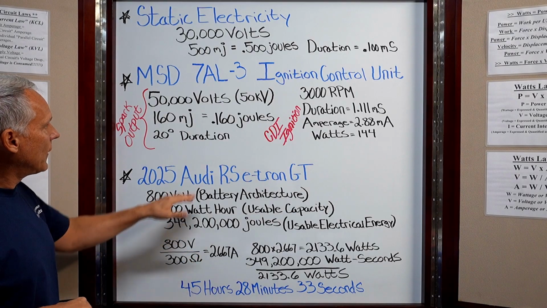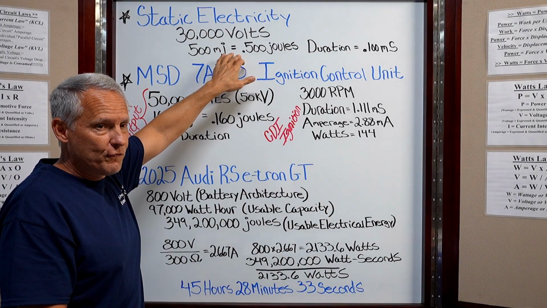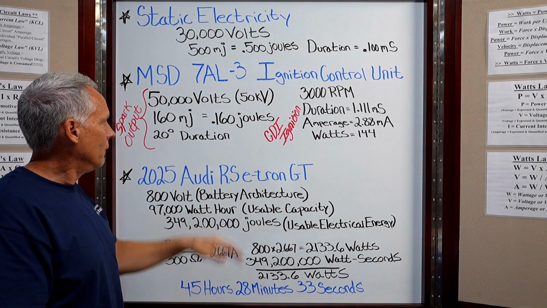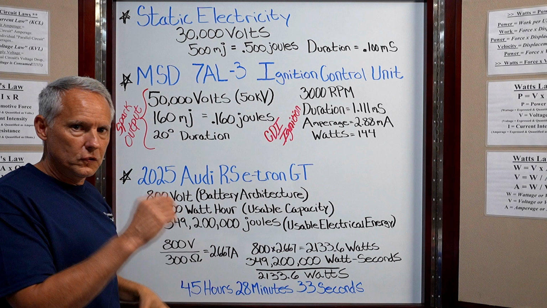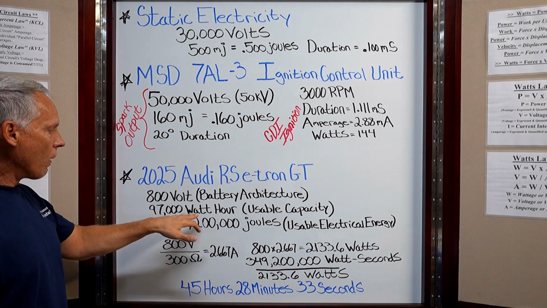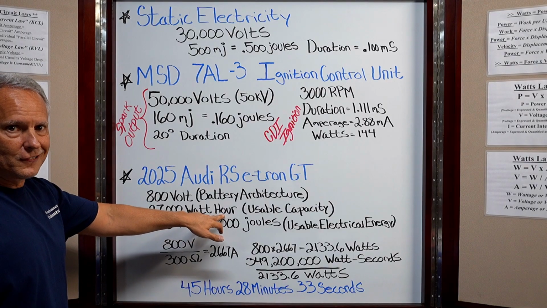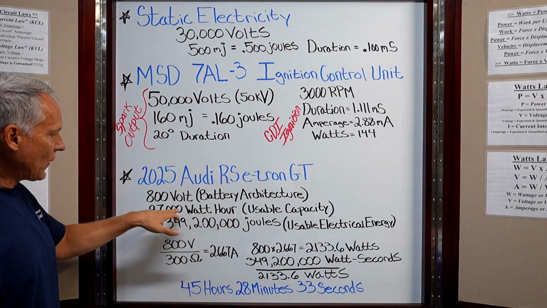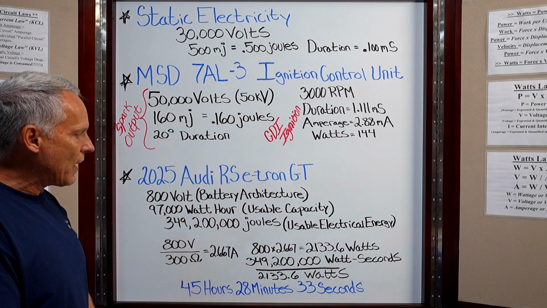Okay, so let's break that down to joules. Here we're talking about 0.5 joules, a half of 1 joule. Here we're talking about 0.16 joules, just over a tenth of a joule. We're talking millijoules, just tiny, tiny amounts of stored electrical energy. This battery pack in this car, being 800 volts, has 97,000 watt hours, and there are 3,600 seconds in an hour. So you take 3,600 seconds times 97,000, and you come out with a total of 349,200,000 joules.